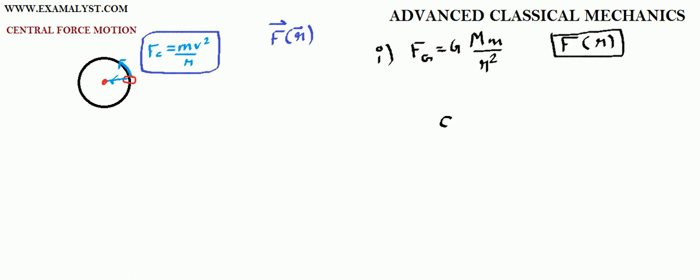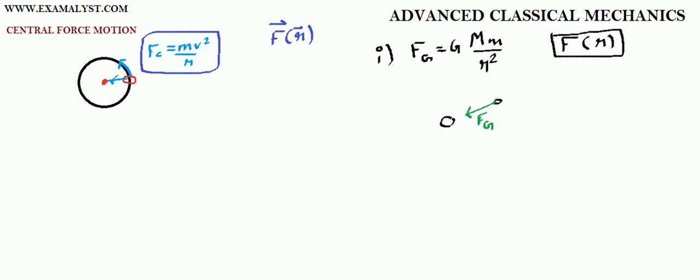You have the sun and you have the earth. The sun attracts the earth towards itself with a force of gravity, and this force of gravity acts like the centripetal force. And we know that the centripetal force keeps the object on a closed path.